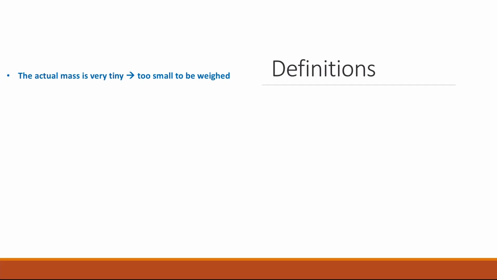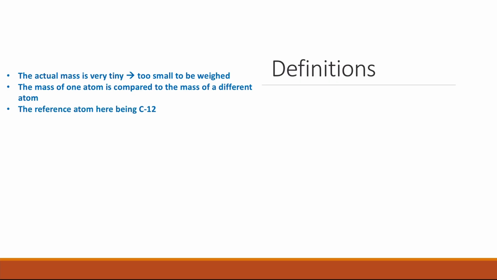We know that the actual mass of an atom is very, very tiny and too small to be weighed. So the mass of one atom is compared to the mass of a different atom. The reference atom taken here is carbon 12. Carbon 12 is taken as having a mass of 12, and the masses of all of the atoms are compared relative to carbon 12.